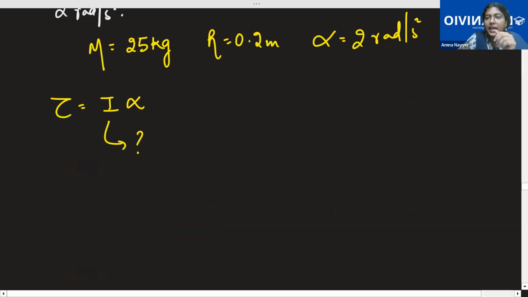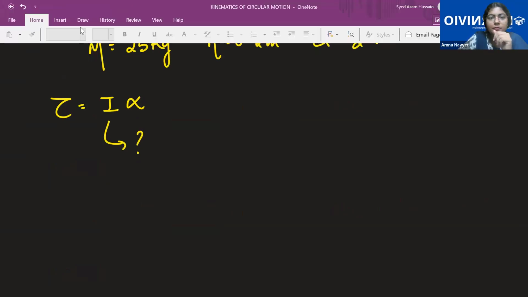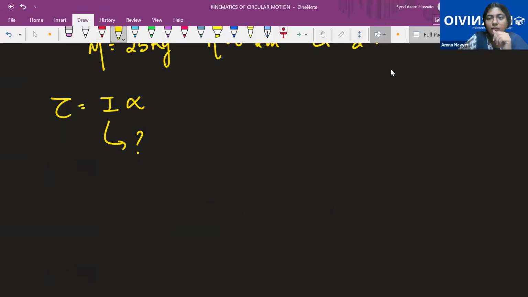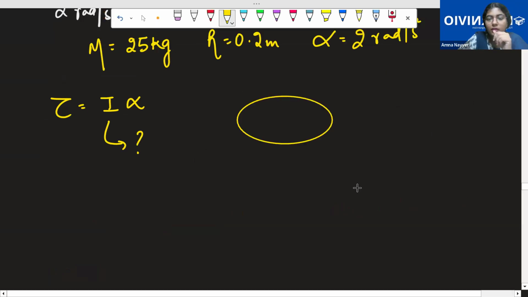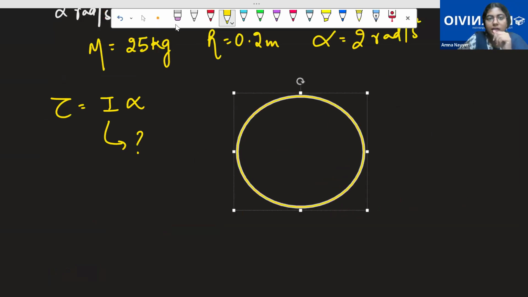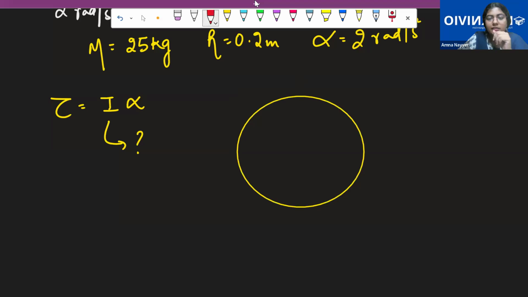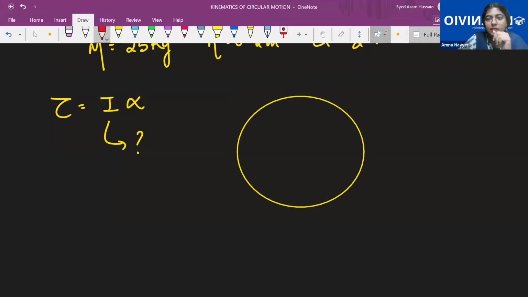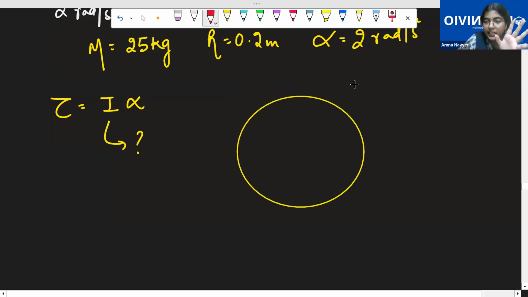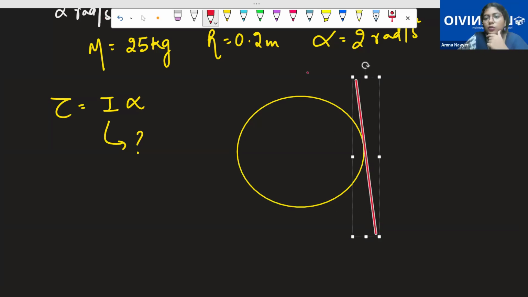See, if this is a disc, tangentially means like this. This is what a tangent to the circle would be.